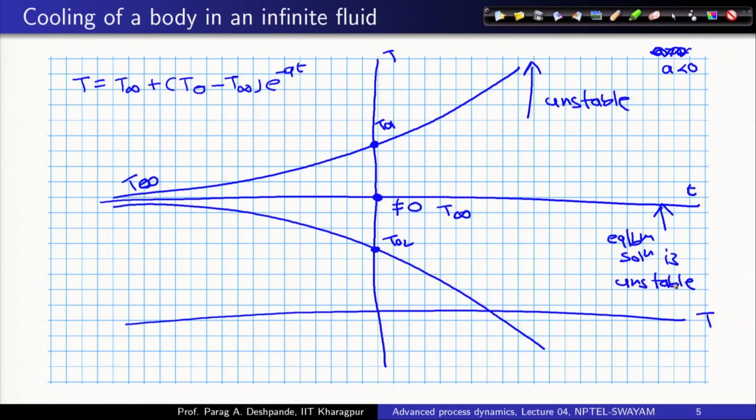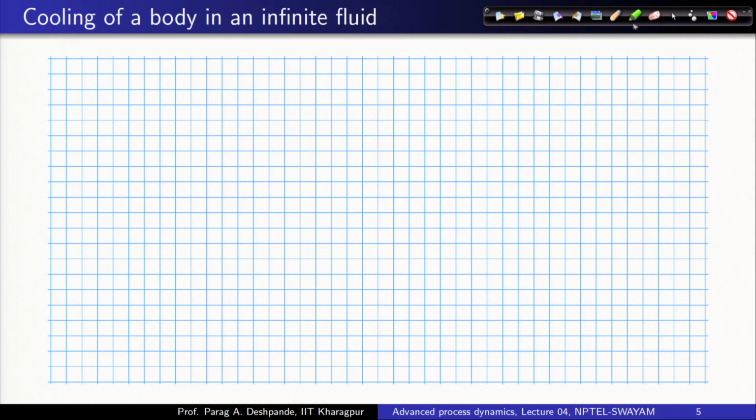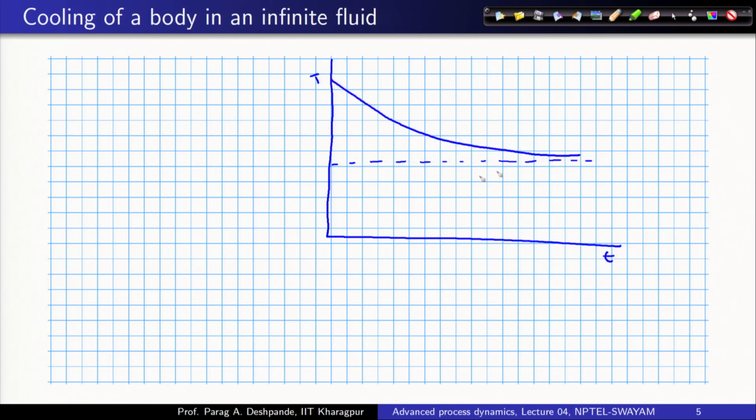Whereas, for the current system, when you drew the phase portrait like this, this is the equilibrium solution, temperature, time, the equilibrium solution looks like this, T equilibrium, you will see that T equilibrium is stable.